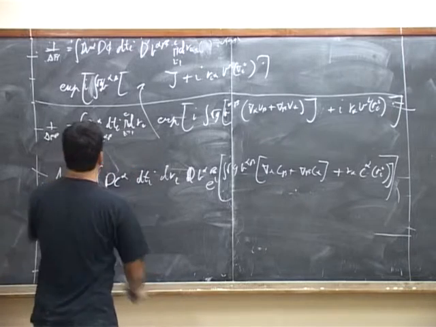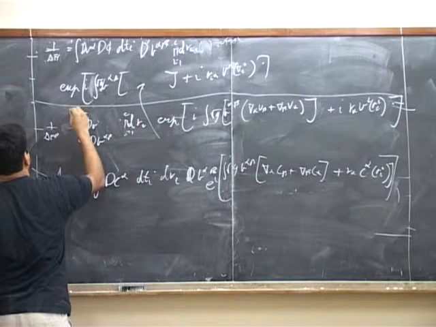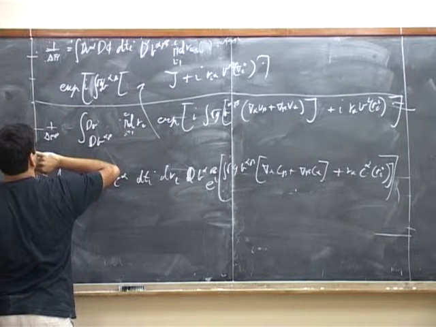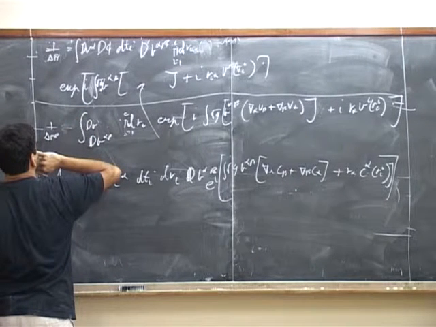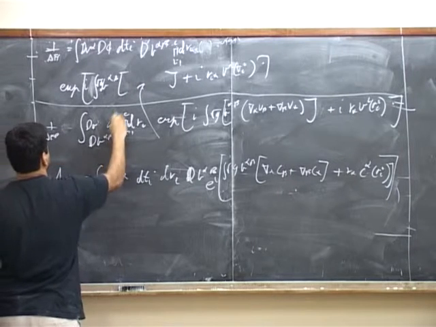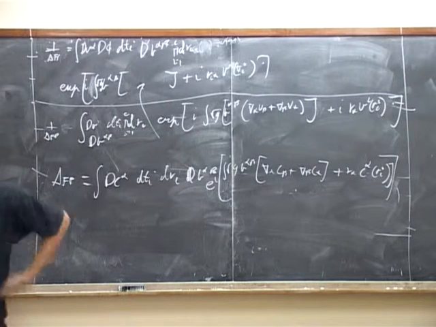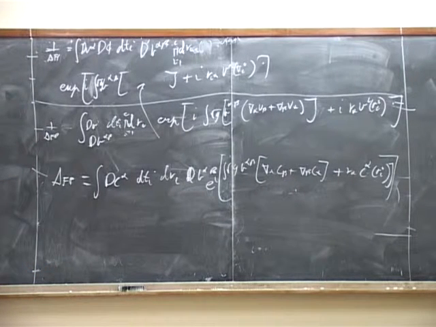Actually, sorry. The part that's the determinant, I should have said this more clearly. There was one term which was del g del Ti, right?